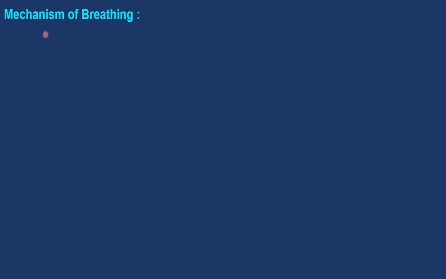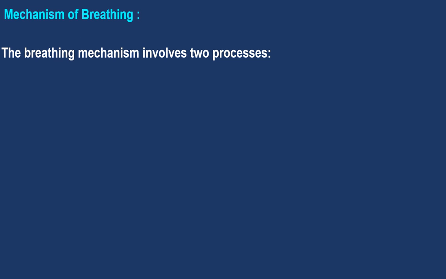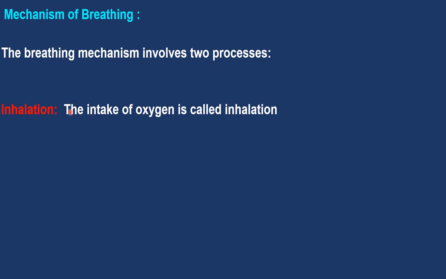So next we are going to know the important mechanism of breathing. Okay, this is the important part of the respiratory system, the mechanism of breathing. In human beings, the breathing mechanism involves two processes. Those are inhalation and exhalation.